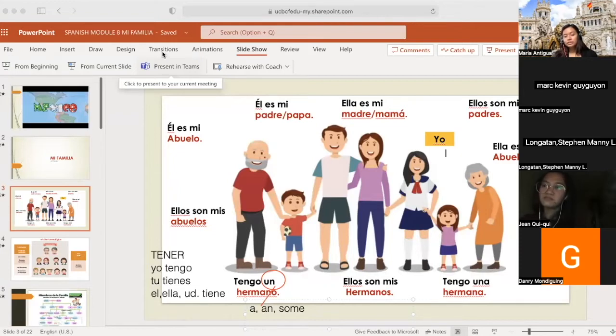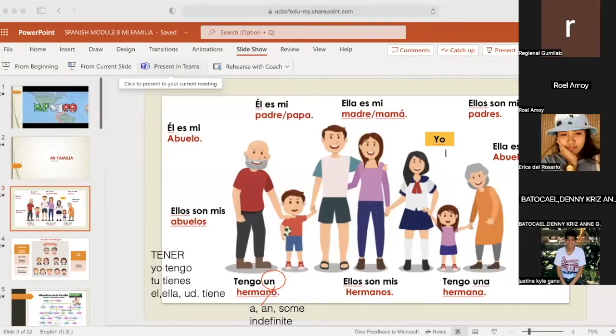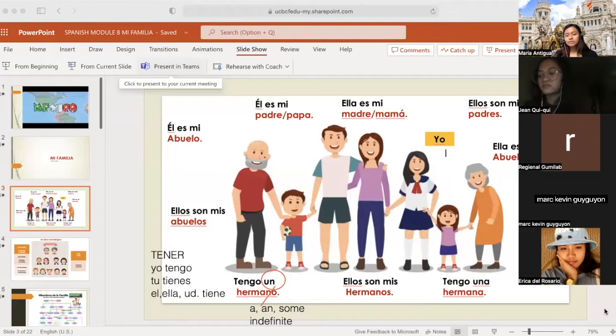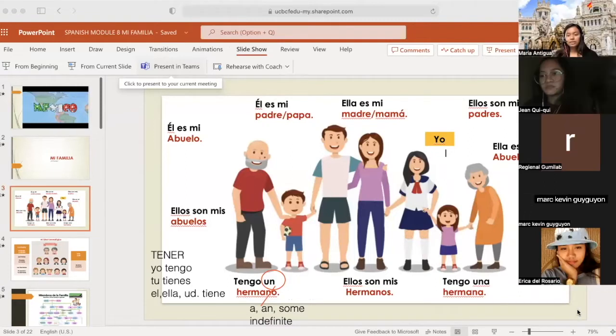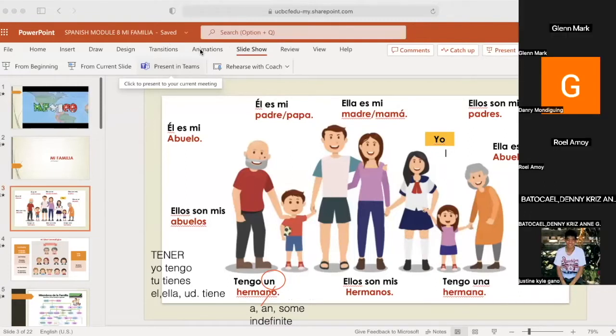Indefinite. Malapit na. Indefinite. Muy bien. Who are those so far? Glenmark. Do we have si Glenmark ba yun? Yes, ma'am. Okay. So, indefinite articles.